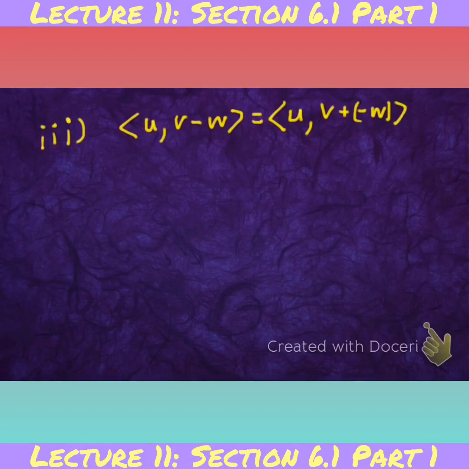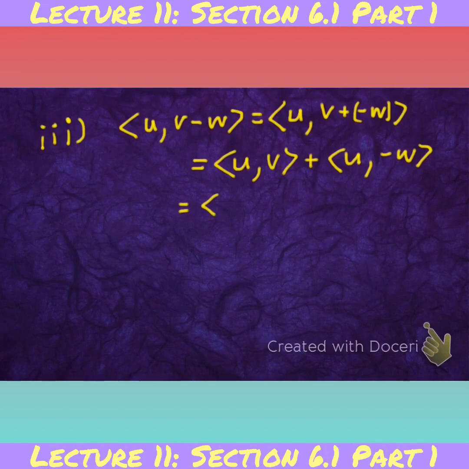Okay, and again, remember according to our previous result, that is just the inner product of u with v plus the inner product of u with negative w. Okay, and that you can write as the inner product of u with v plus the inner product of minus w with u. And again, what is that? That's axiom 1 that we applied.